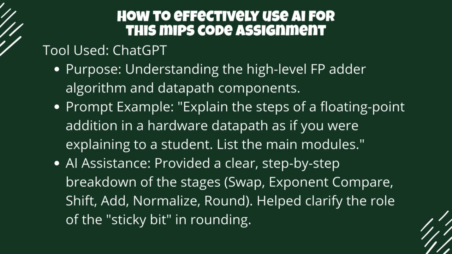We used ChatGPT to understand the floating point adder datapath by asking for step-by-step explanations. AI clarifies concepts such as the sticky bit and normalization. It helps create clear module descriptions and guided us through the design process.